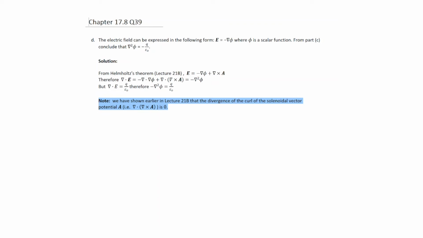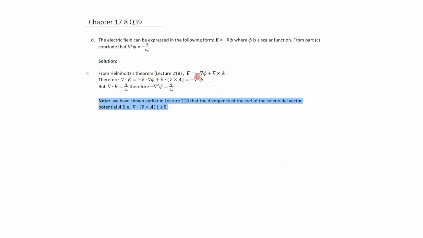We know that any field can be constructed from a field which is irrotational and source-free. If it's source-free, it's this term. If it's irrotational, it's this term. So if we take the divergence of the electric field, that means we take the divergence of these two terms.